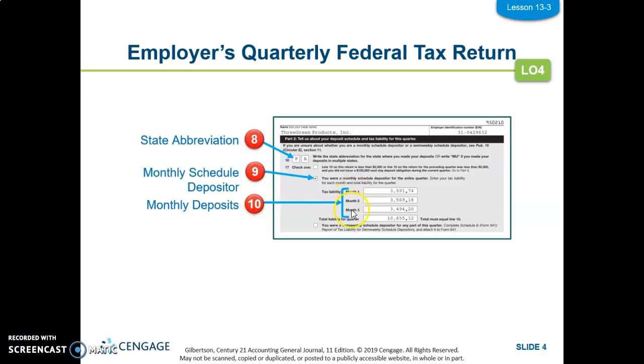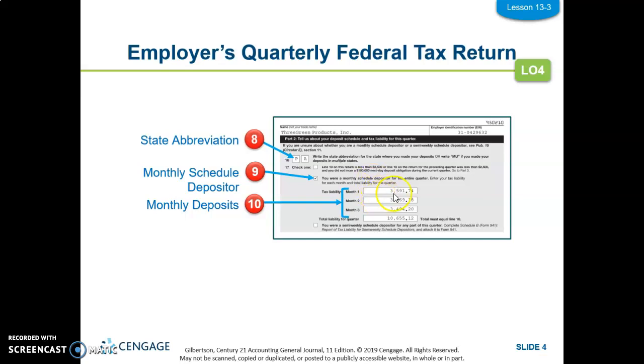And those monthly deposits are that every single month as an employer we're going to pay or deposit with the federal government, pay them for any federal income tax, Social Security, or Medicare that we took out of employees' checks, as well as our portion if applicable.